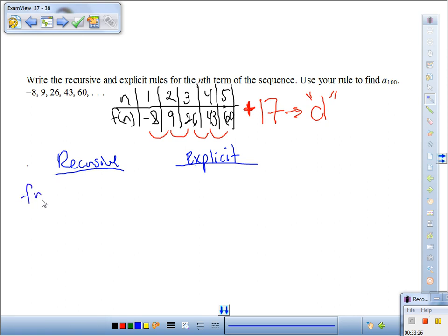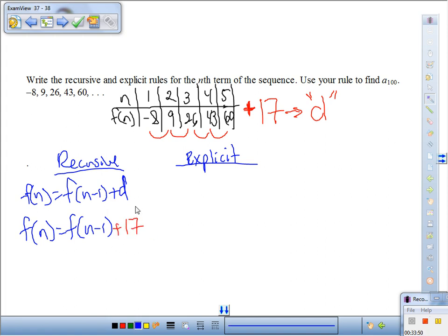So recursive is f of n equals f of n minus 1 plus b. But that's just the general form. Now we need to write it so that it's specific for this. So what do I write? F of n equals f of n minus 1. However, at the end what? Plus 17. So this is our recursive for that sequence. Let's write our explicit. F of n equals f of 1, what else?